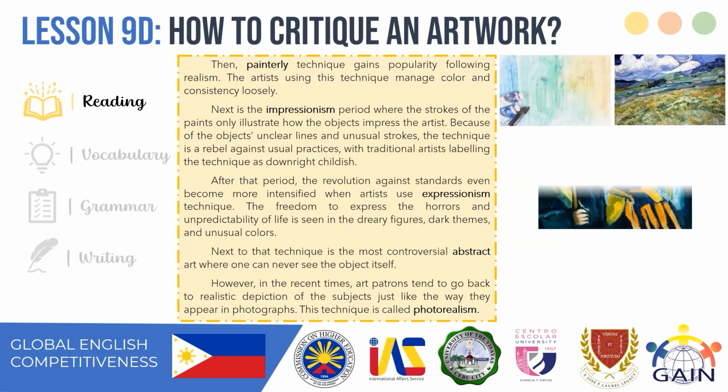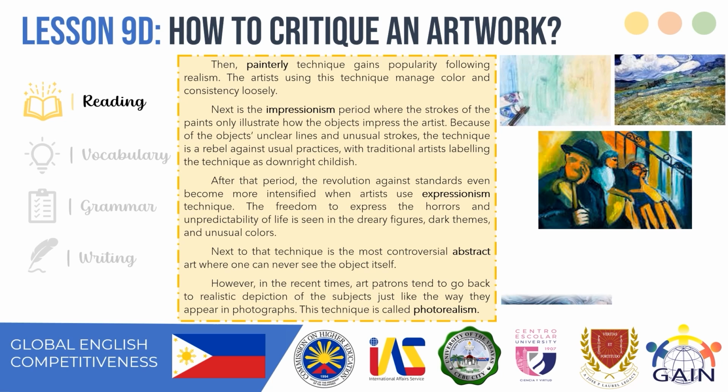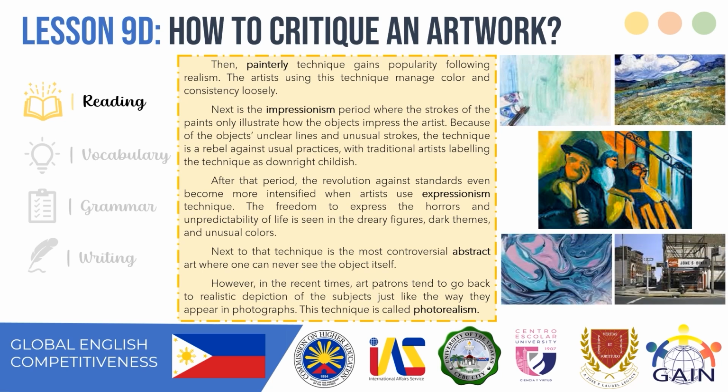The artist using this technique manages color and consistency loosely. Next is the Impressionism period, where the strokes of the paints only illustrate how the objects impress the artist. Because of the object's unclear and unusual strokes, the technique is a rebellion against usual practices, with traditional artists labeling the technique as downright childish.